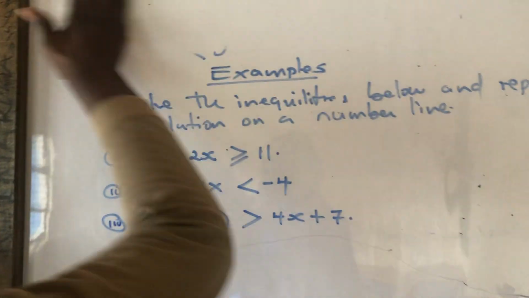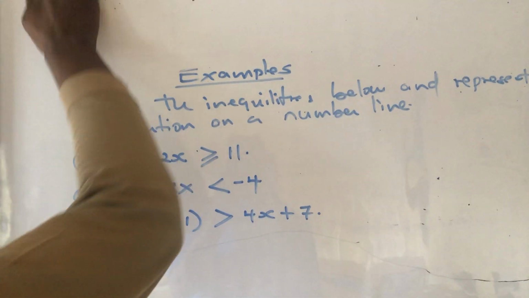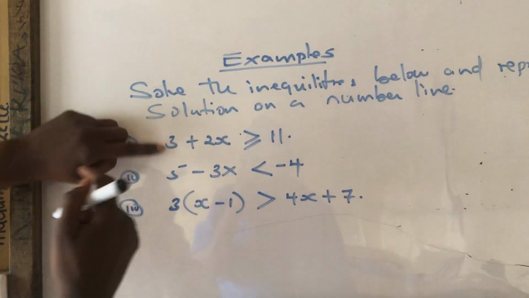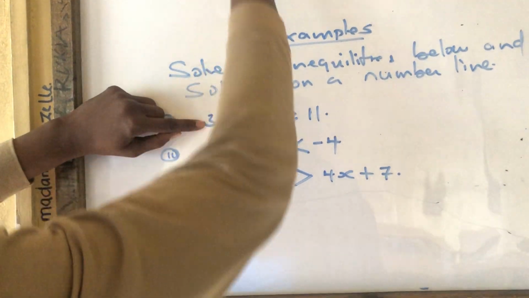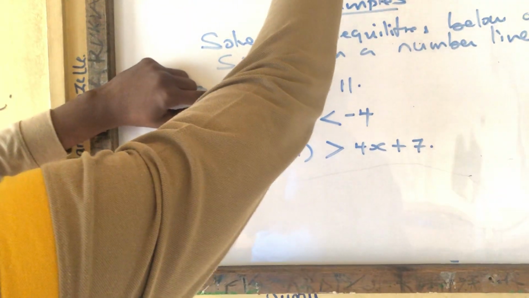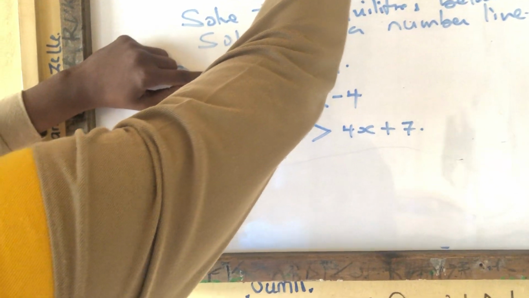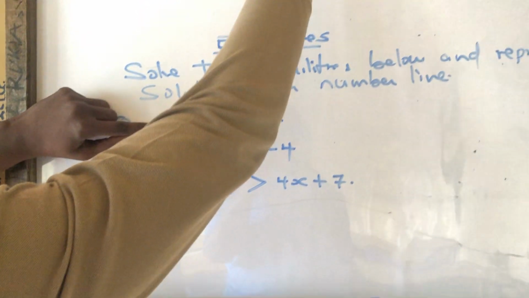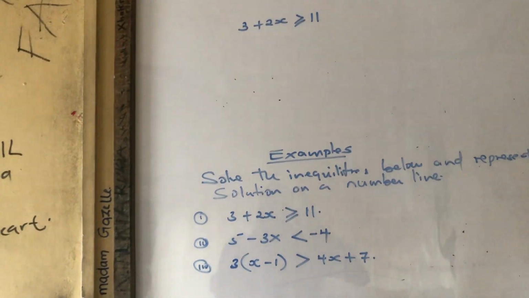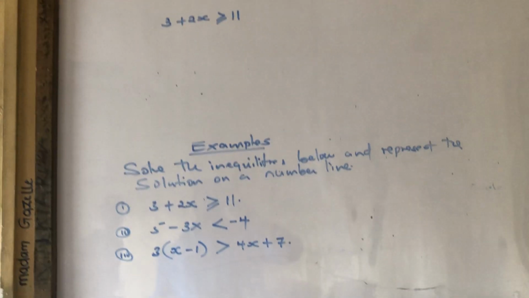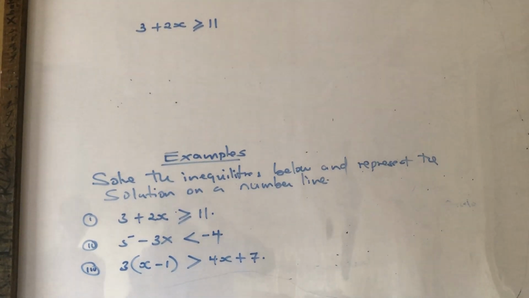Let's get started. I will start with the first one. We have 3 plus 2x is greater than or equal to 11.